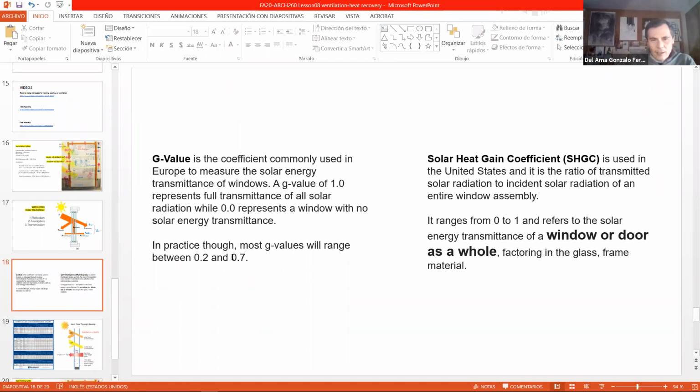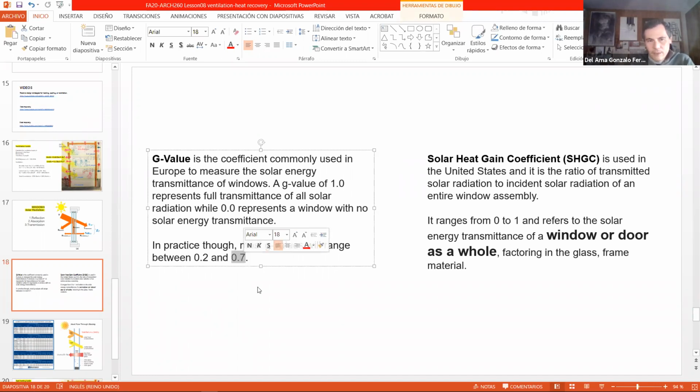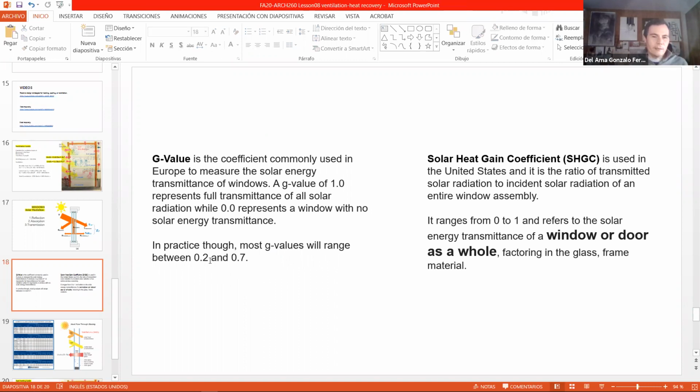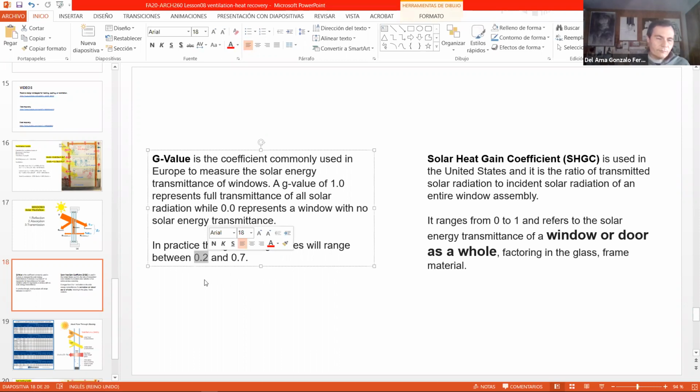Because if we are in a cold country, I would say that the G value, or the solar heat gain coefficient, has to be as high as possible, close to 0.7. If we are working in a hot country, it should be 0.2 or as low as possible.